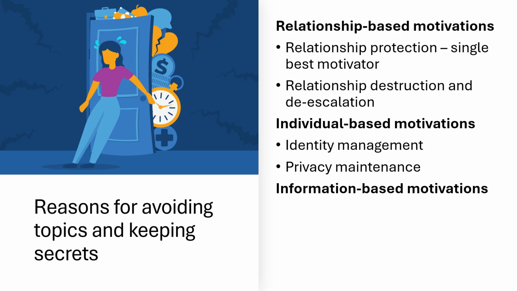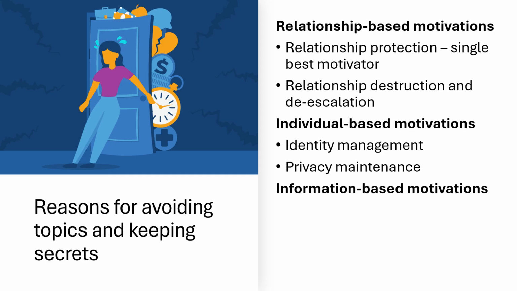And we also, again, are motivated to keep secrets and avoid topics to maintain privacy. So you might avoid talking about your romantic relationship or your job or your family because you're currently experiencing problems and you just don't want people to ask about those kinds of things.